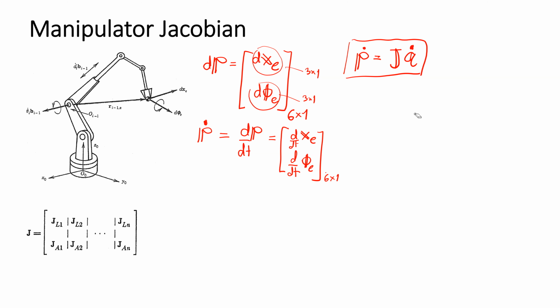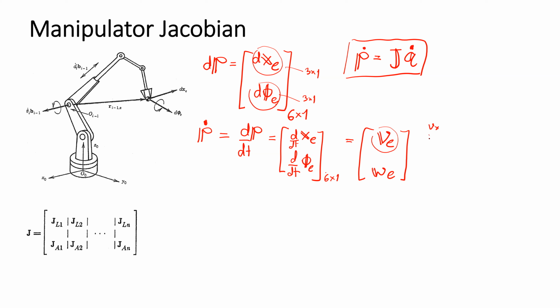The endpoint velocity has position and orientation, and you can use the symbol like velocity of the endpoint and omega of the endpoint, but please keep in mind that velocity is a vector.